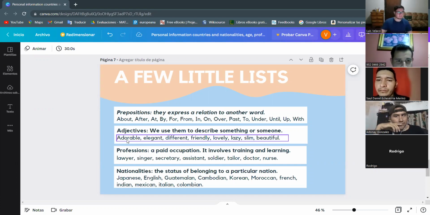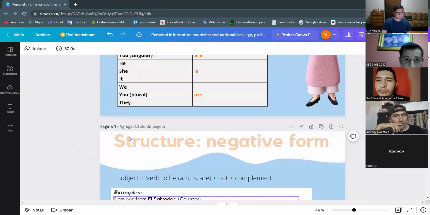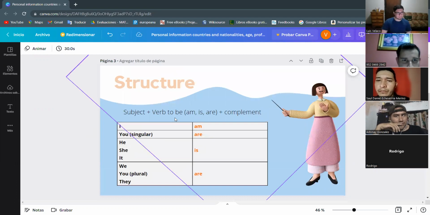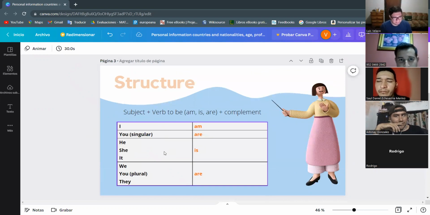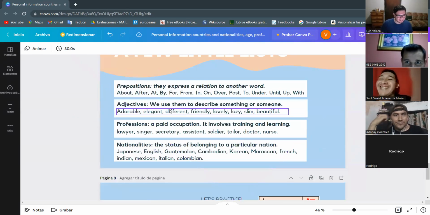Okay. So let's see, Luis. If you are going to use one of these adjectives and this structure, how would you say it? Okay, choose one of these adjectives. Which one?